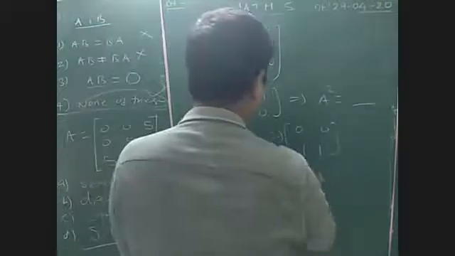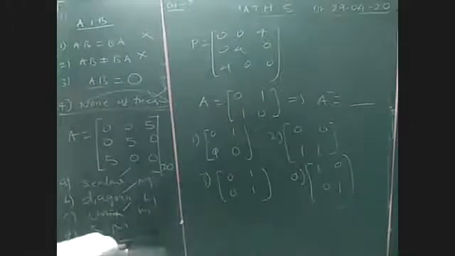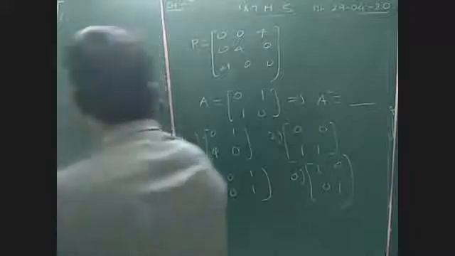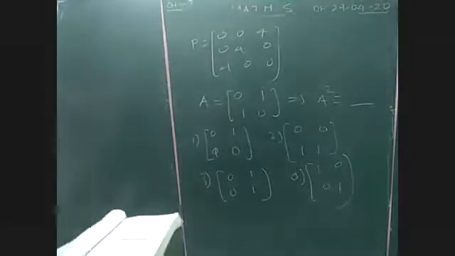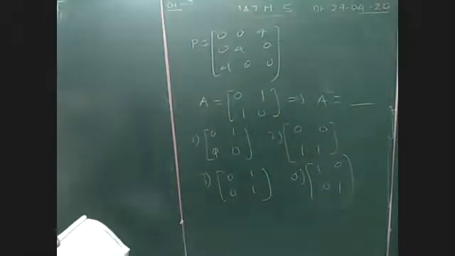Option D is 1 0, 0 1. Which one of the options is right? Which is the right option? Fourth option. Fourth option, identity matrix, right?